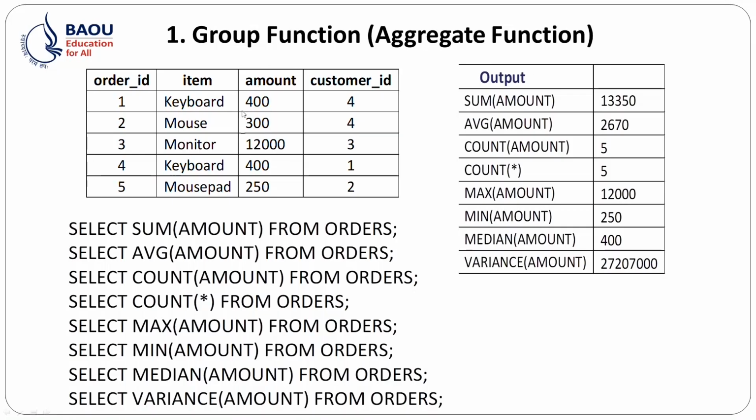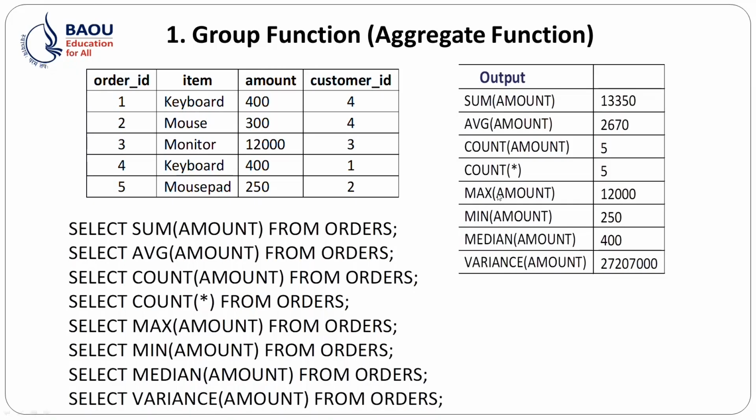This count star function is used to count the number of values with the null values as well as the duplicate values. So, the number of values is 5. This count counts the values without null, and this count star counts the values with duplicates as well as nulls.